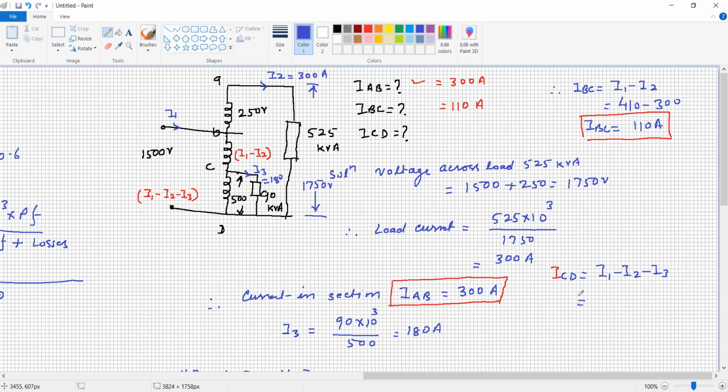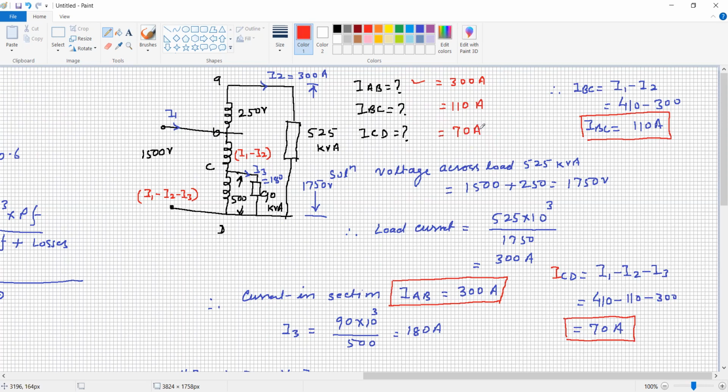I1 is equal to 410, I2 is equal to 110, I3 is equal to 300. So it is equal to 70 ampere. So this is the 70 ampere.